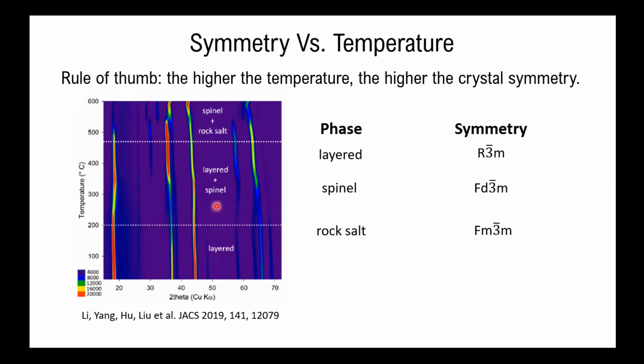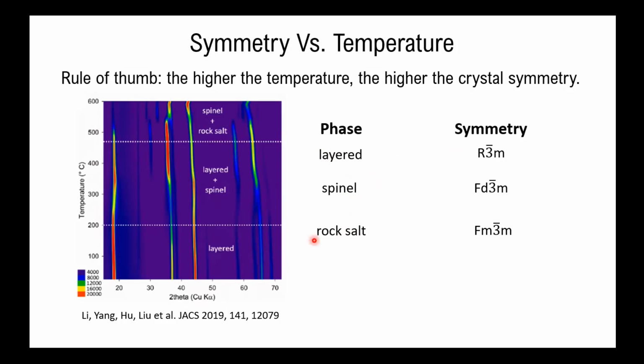So the phase goes from layered to layered and spinel, and then to spinel and rock salt. So you see this kind of trend, right? It's going from layered to spinel and rock salt. And then you see some peaks. Originally we have 2 peaks, and they start to merge, right? So that's the opposite of what we showed in the previous slide.